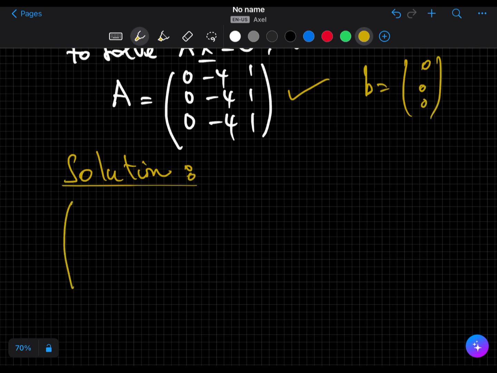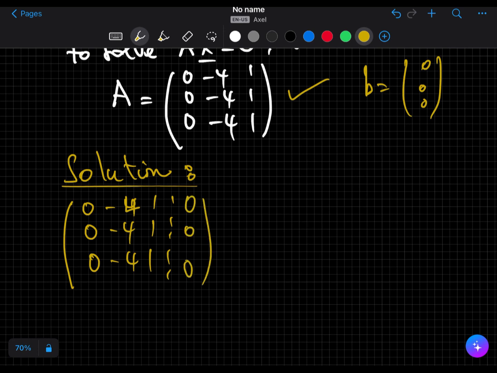So we have that B is 0, 0, 0. The first step is to write the augmented matrix like this: 0, minus 4, 1, 0, minus 4, 1, 0, 0, 0. So what do I need? I need to find the leading entries, the leading one.